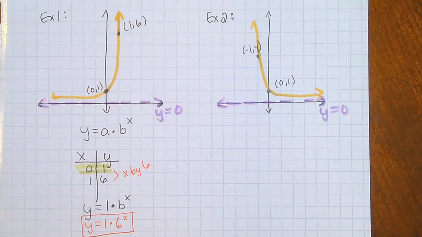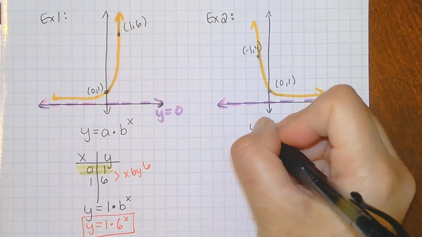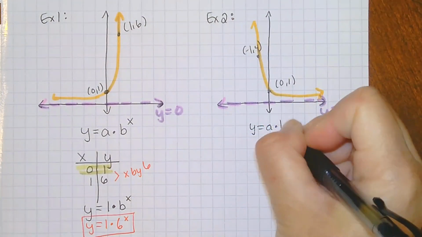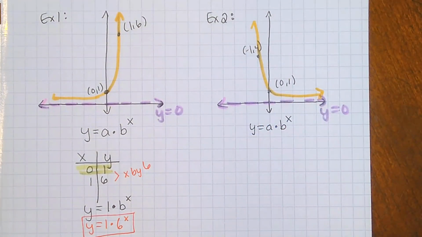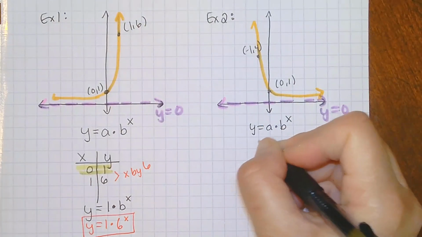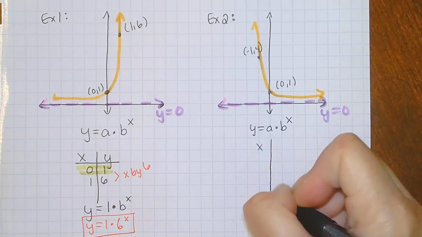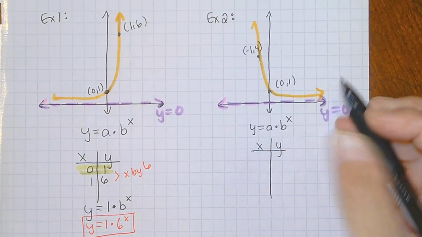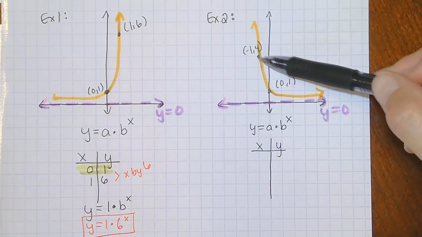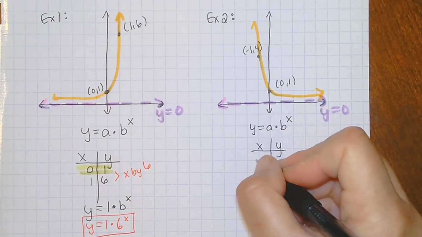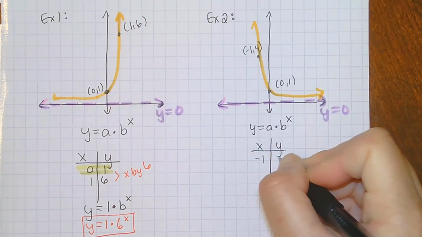And again, the equation is going to be the form y equal a times b to the power x. So I'm going to get my table going. I'm going to start with my point from the left side to the right side. So I'm going to start with negative 1, 4.